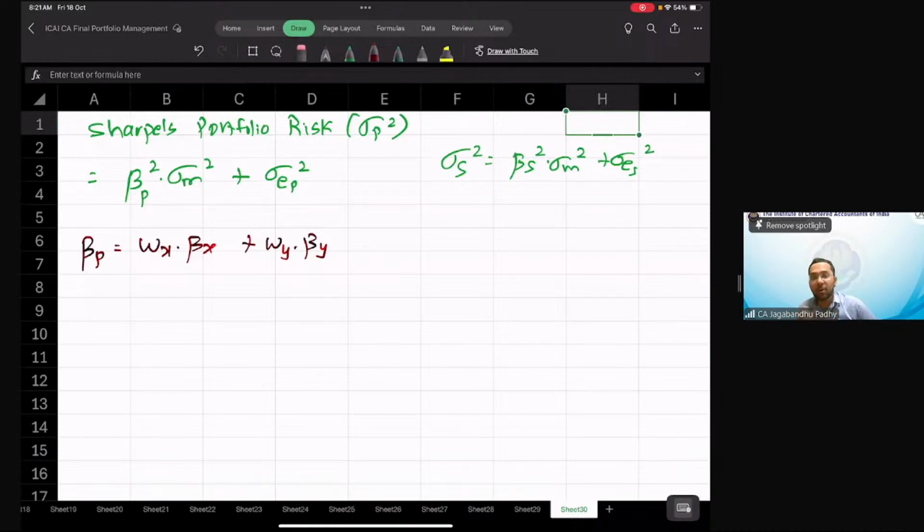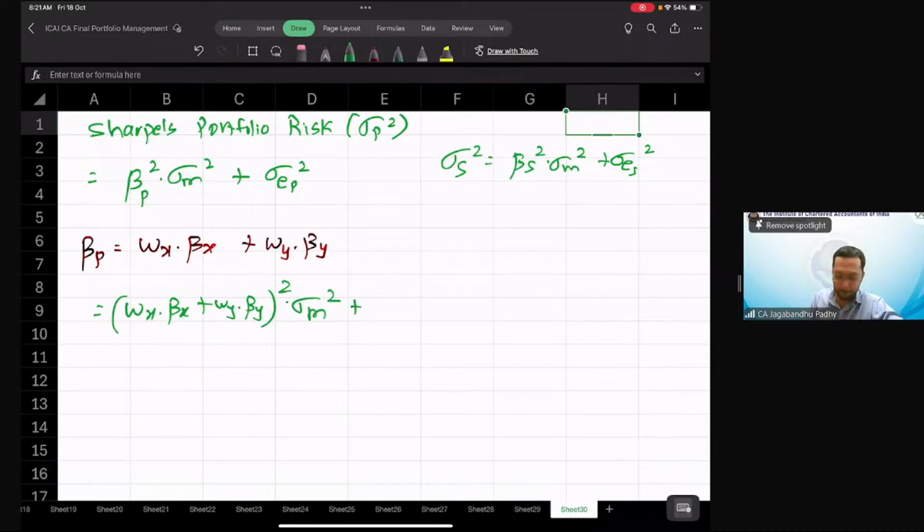You can simply calculate it as a weighted average, not like the Markowitz portfolio where you need covariance, correlation and all. That is not required. So I can substitute it over here and say that beta of portfolio square will be weight of x into beta of x plus weight of y into beta of y, whole square, into variance of market, right?